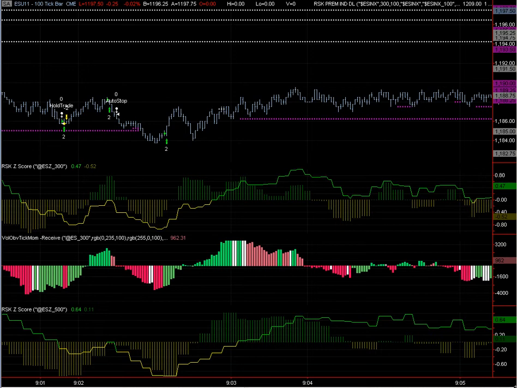Now let me first describe the strategy itself, because it's really simple, and then I'll talk about the individual features. Basically, if you look at this 300 tick bar volume indicator here, this is what's driving the trades. In principle, the concept is this: if the bars are green, you're long. If they're red, you're short.